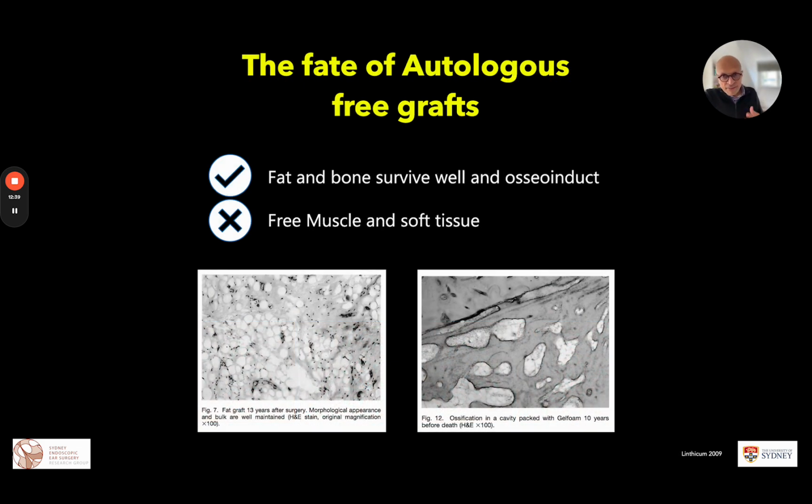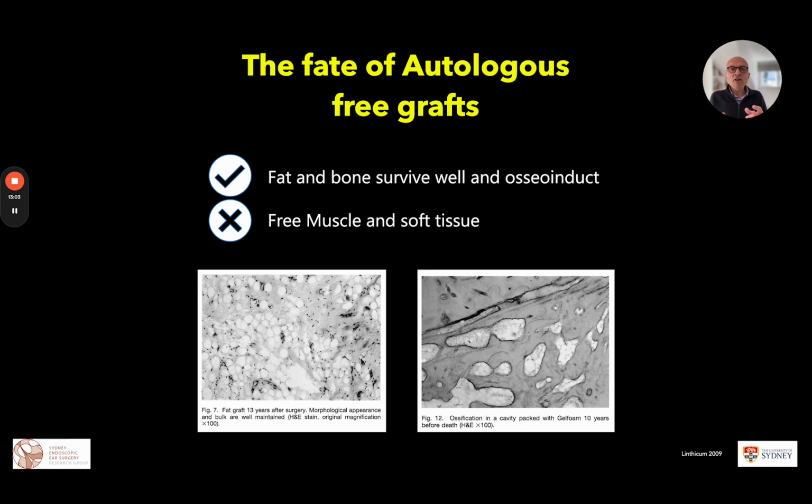If we're looking at the fate of autologous free grafts, we actually have some data from Fred Linthicum's group from the House Ear Clinic, and he studied autopsy specimens of beyond 10 years of patients. And the summary of the paper was that fat and bone as free grafts, so these are not transposed grafts, these are free grafts, fat and bone tend to survive well.